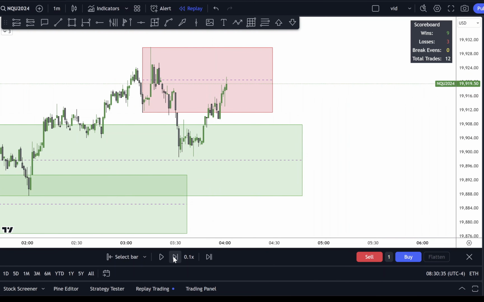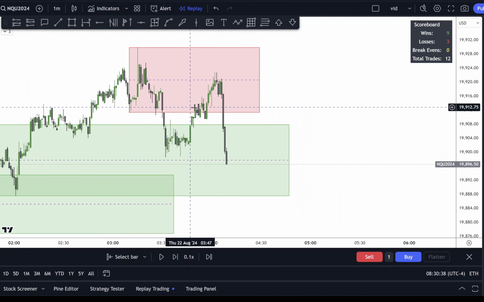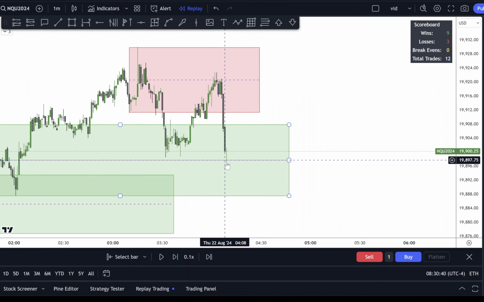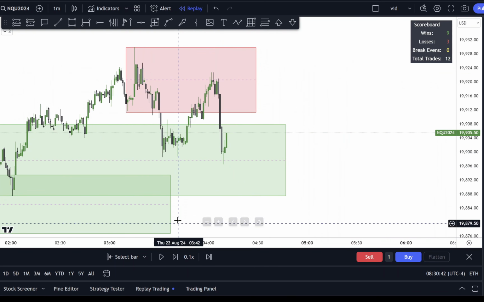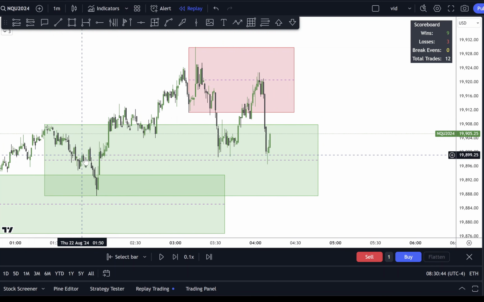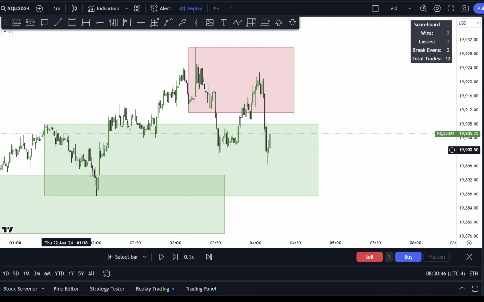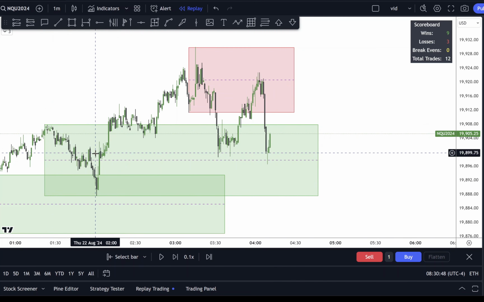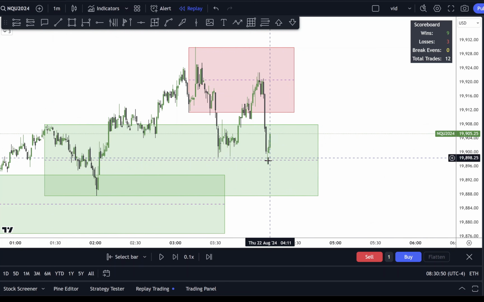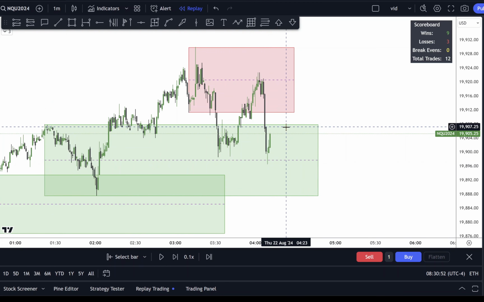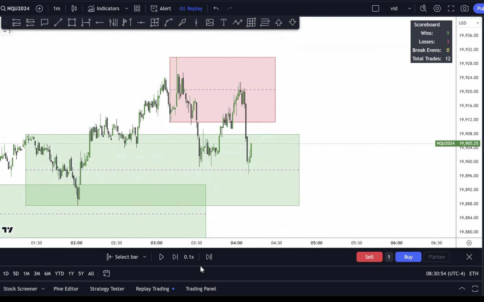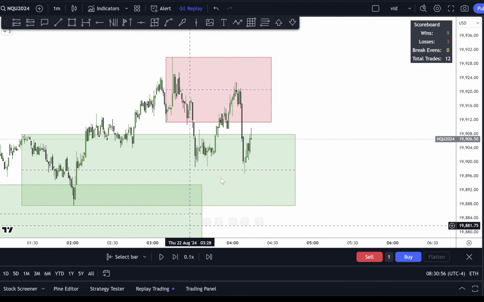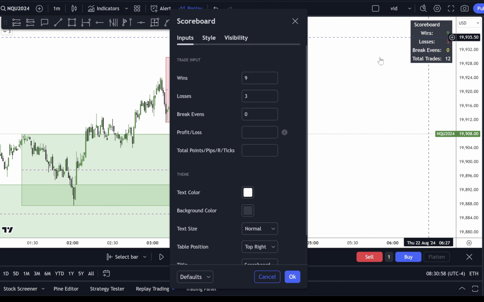So we're tagged in and that's a win, right? And we're tagged in again, and this was my only trade yesterday in London, right? I waited for this 50% tag and took the 1-to-1. I remember this trade because it was a win, right? So that's 2 wins in a row.